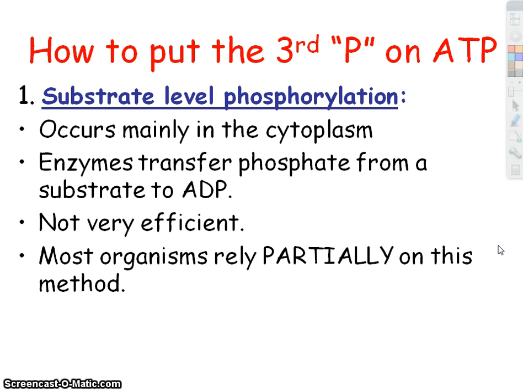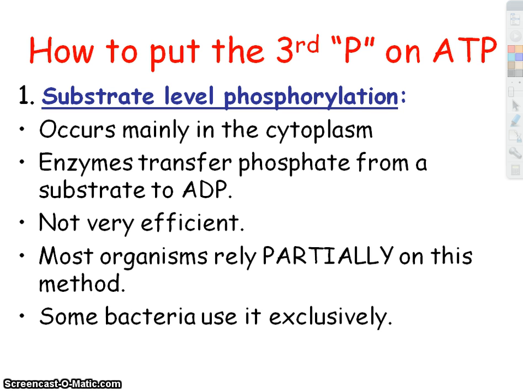As a matter of fact, per sugar, I've mentioned a couple of times, we make a total per sugar of 36 ATP. Only 4 out of the 36 are made this way. The other 32 are made by the other process. So obviously this is not very efficient if it's only getting us 4 ATP per sugar and we're relying on the other way of making most of our ATP.